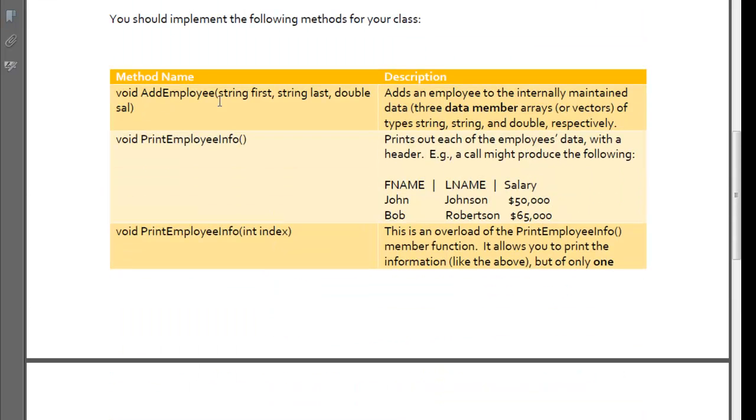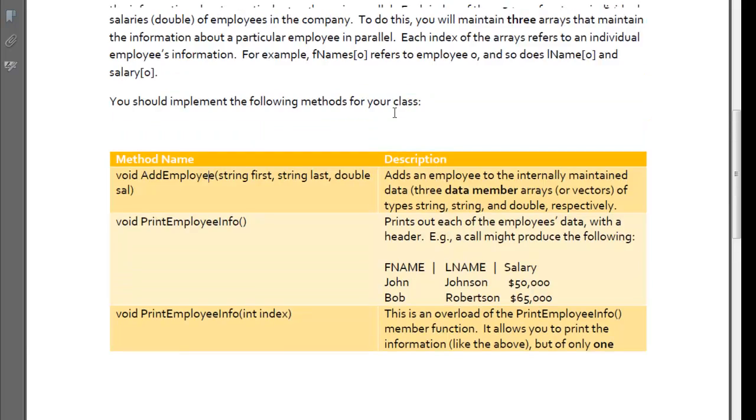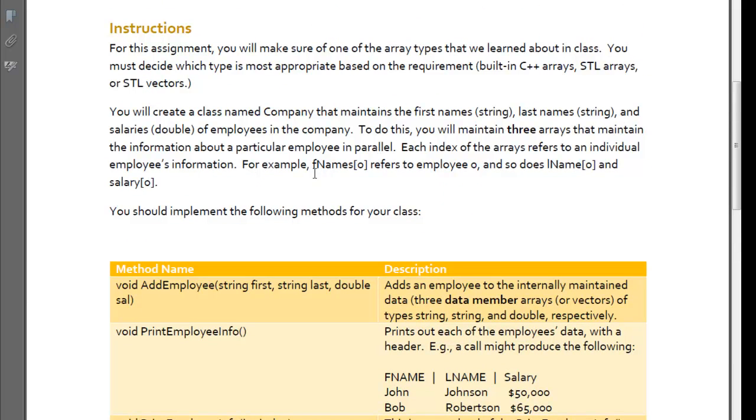Now, you don't technically need a constructor unless you just want to write one. That's fine. It won't really do anything. The add employee adds individual employees to all three data members, one at a time. And remember, these are what we call parallel arrays. It's a parallel array implementation, which means that the element at 0 in each of these corresponding arrays refers to the same entity.